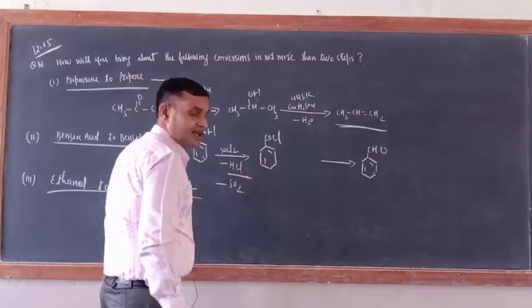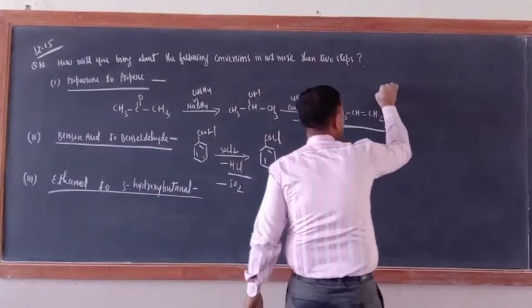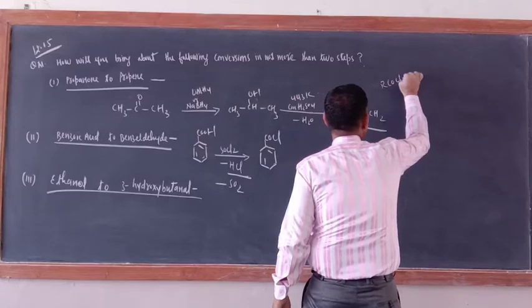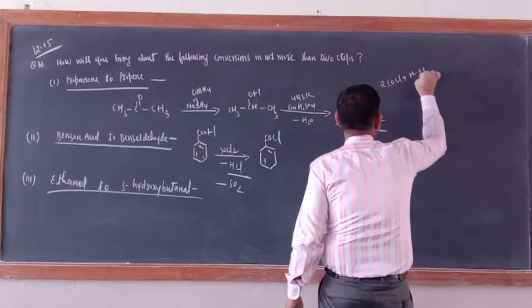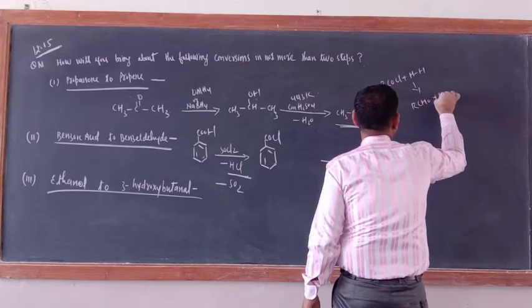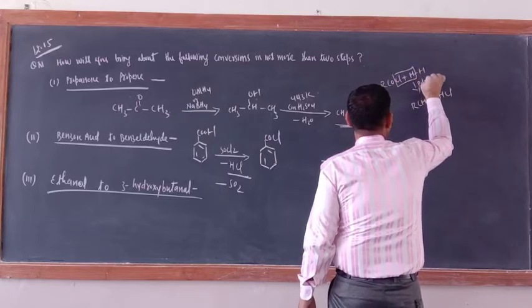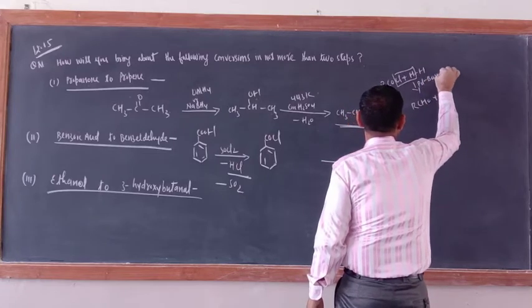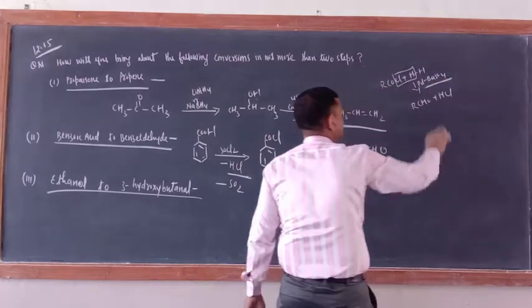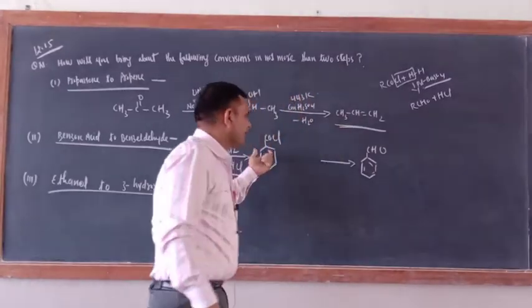So just see, you might have heard about the Rosenmund reaction, RCOCl plus H and H. So what is the product here? RCHO plus HCl. Now what is the reagent here? Pd/BaSO4. Correct or not? Palladium supported over BaSO4. This is only Rosenmund reaction. So what is the difference here?